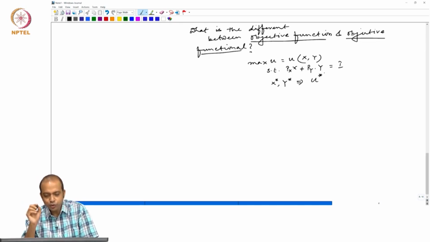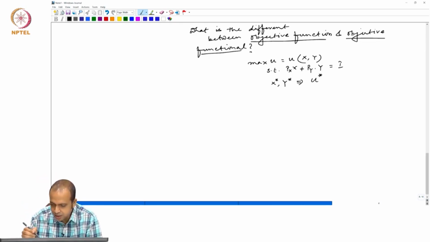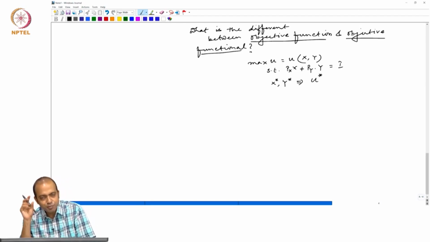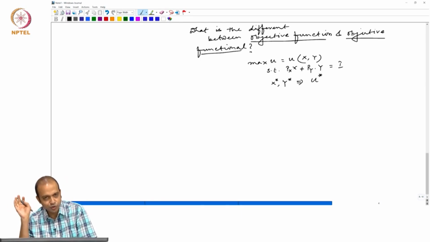If you put these x star and y star, then you will get u max. So x star and y star is some amount of quantity, maybe 5 units of x and 10 units of y, and this is also some amount of utility which can be measured.